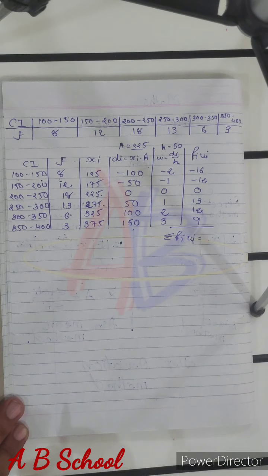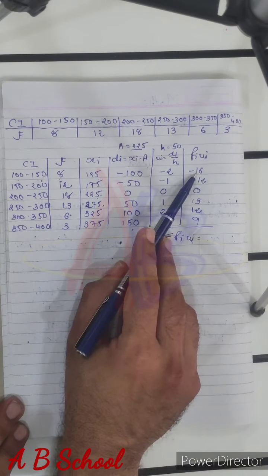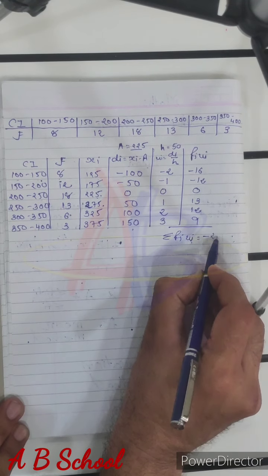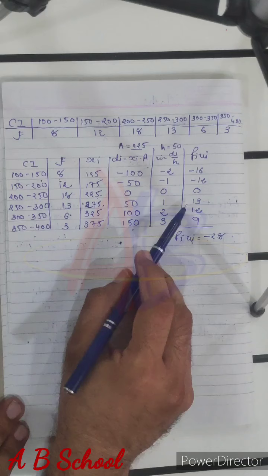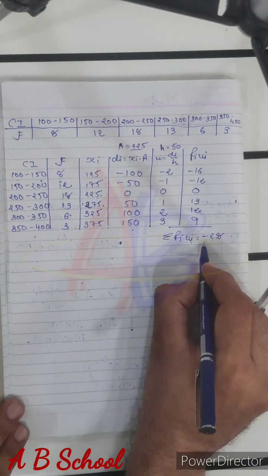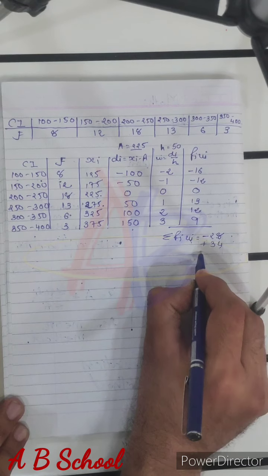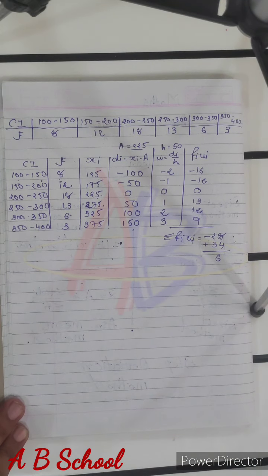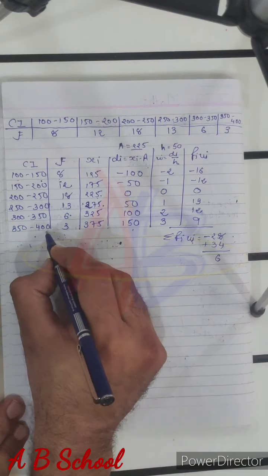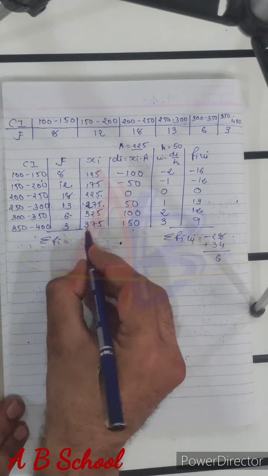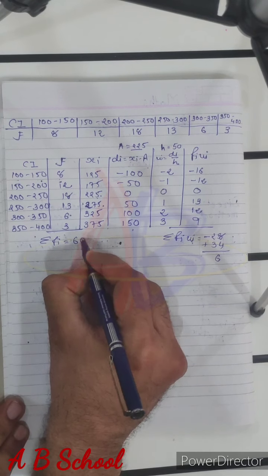The minus terms are minus 16 and minus 12. So it is minus 28. And 13 plus 12 plus 9, that is plus 34. So I have obtained here 6 as summation fi ui. And the summation of fi is equal to 60.